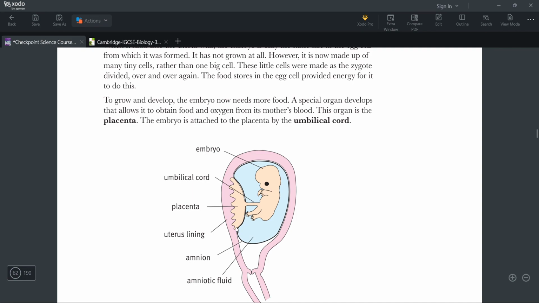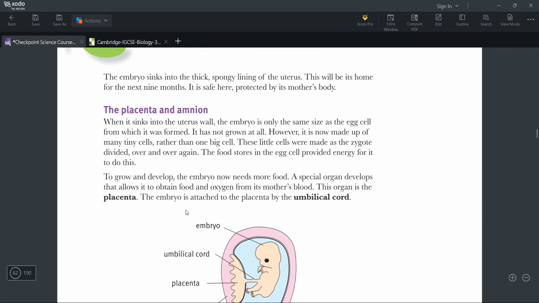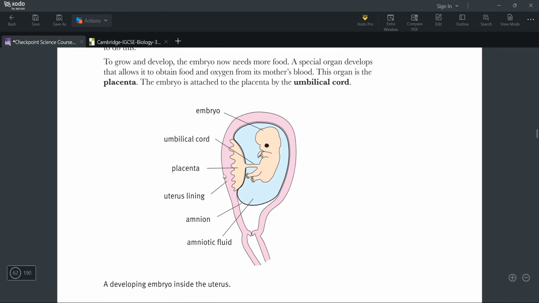It is the dissolved nutrients and minerals and oxygen in your blood that then pass across this barrier into the placenta and then through the umbilical cord into the baby. So the placenta is basically there to attach the baby to the mother, and the umbilical cord is just there to attach the placenta to the baby at the end of the day.